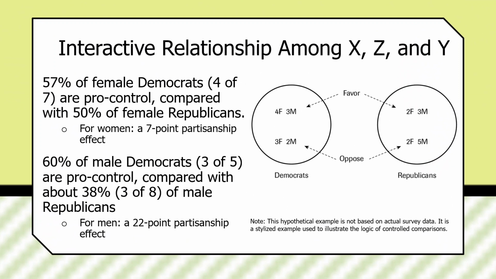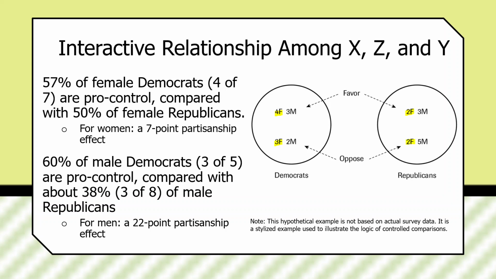Let's look at female Democrats. There are 7 female Democrats. 4 of the 7, which is about 57% of female Democrats, are in favor of control. Let's look at female Republicans. Well, 2 of the 4 female Republicans, which is 50%.